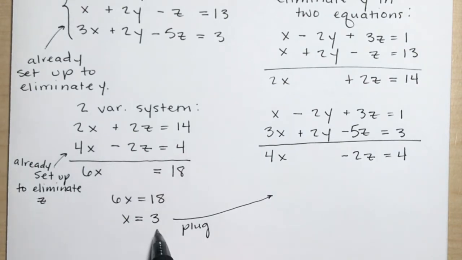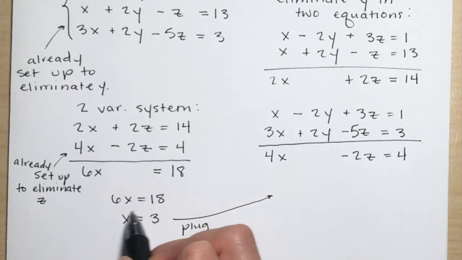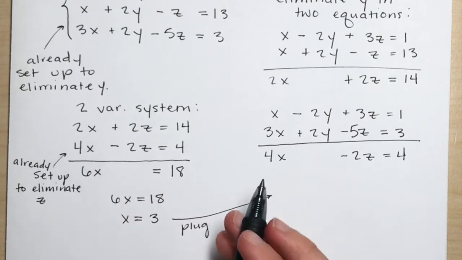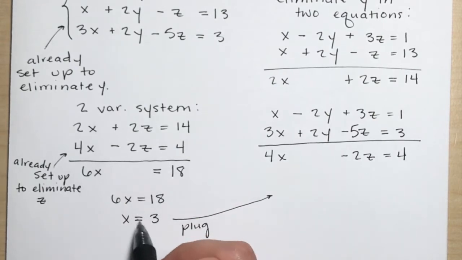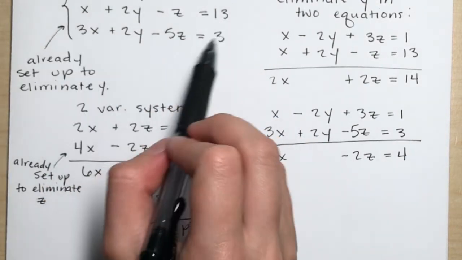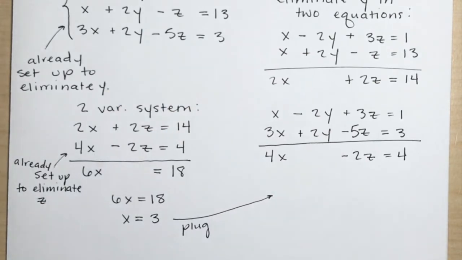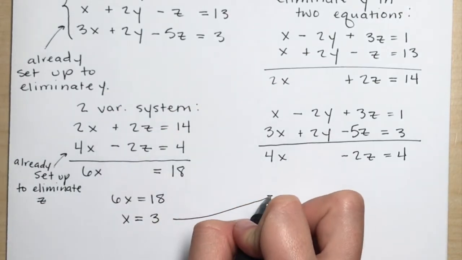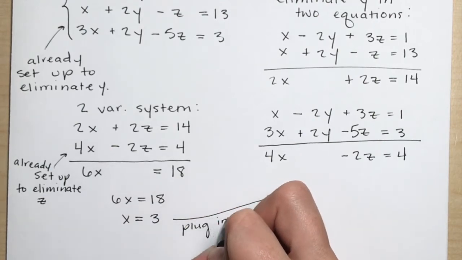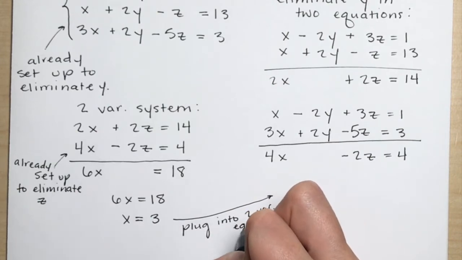Remember, we are solving this two-variable system first. So now that we have one variable from the two-variable system, we have to find the other variable from this two-variable system. So we have to plug this into one of these. If we plug it into one of the three-variable equations, we'll still have two variables left, and that won't really be helping us much. So plug into a two-variable equation.